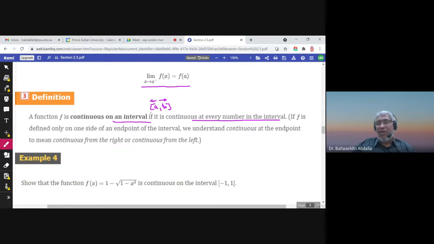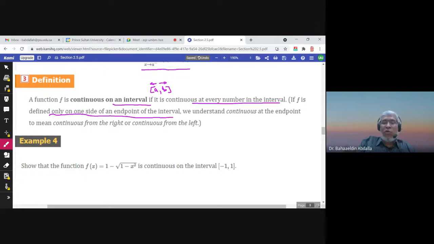So inside the interval. We don't know anything about the outside of the interval. So we need it only on one side of the endpoints of the interval. If this happens, then the function will be continuous on this interval.